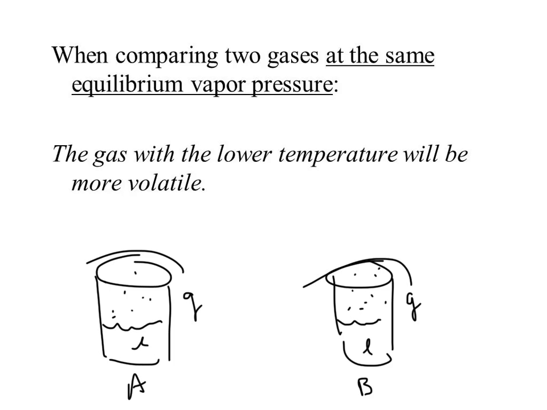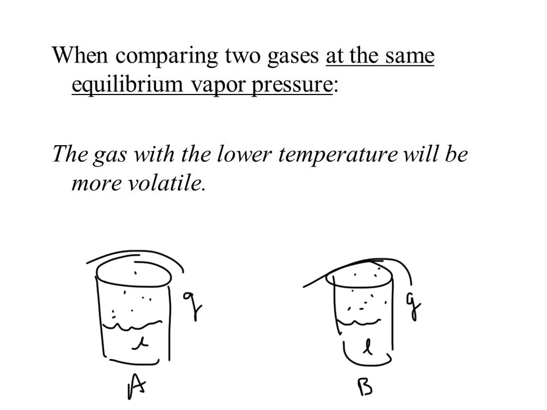Let's say A and B are the same as they were before. B was more volatile before. So honestly, does this make sense? In order to have the same equilibrium vapor pressure, what do I have to do to this temperature? How many people think I raise it? How many people think I lower it? Me too. Very good. Does that make sense? Good job.